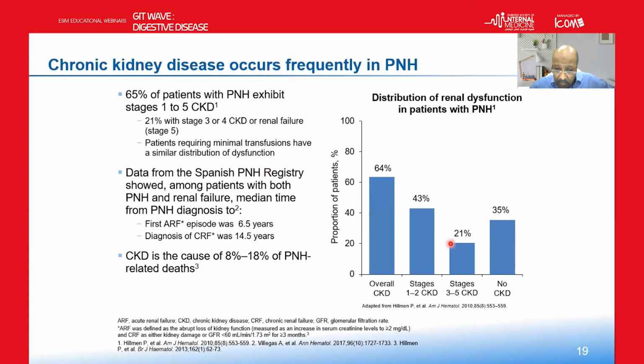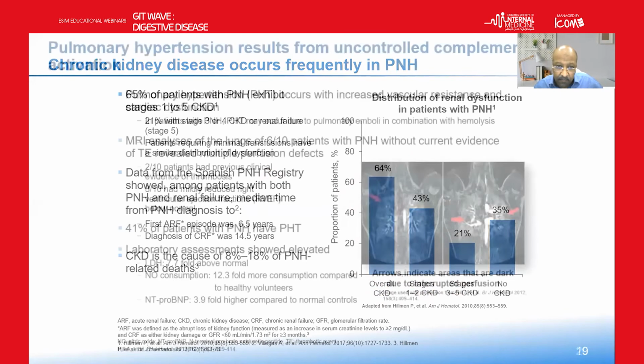If you look at a study from the Leeds group, adapted from the Peter Hillmen study, as you can see, overall in their cohort, 64% of their patients have CKD, ranging from 43% with stage 1 to 2, and 21% even going up to stage 5 CKD.